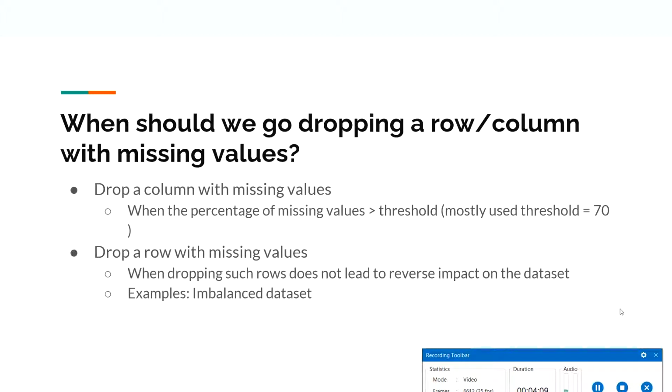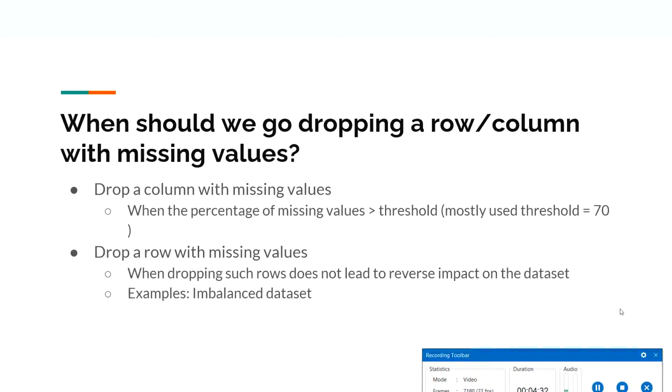Likewise, if there are certain rows with a few missing values, you might think, okay, there are just a few rows, so let's drop them, and that will be a proper solution for handling the missing values. Before you think like this, you must understand the pros and cons attached to any step that you take.